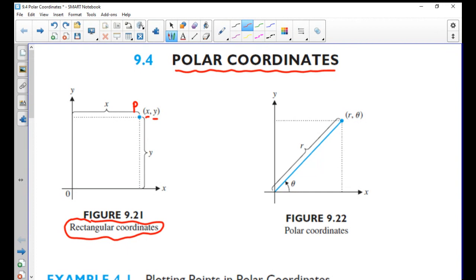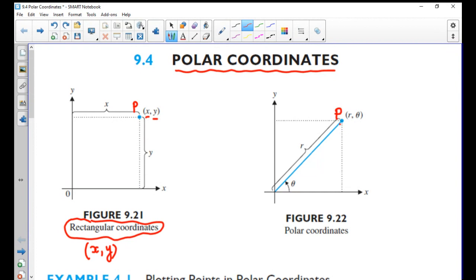Okay? xy coordinates, which you already know.